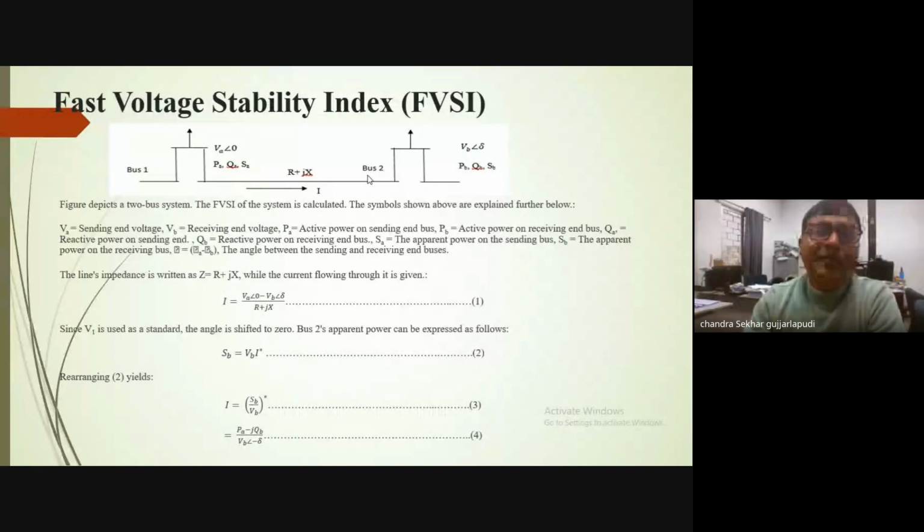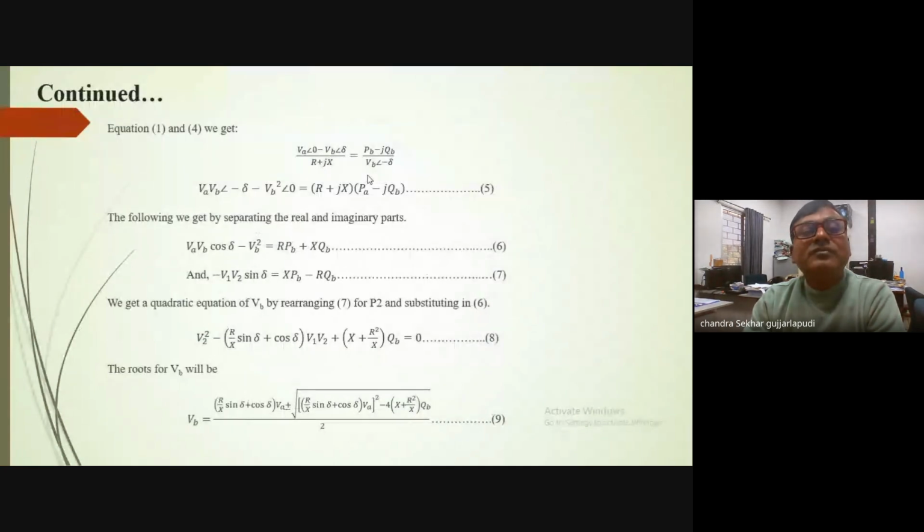Please note that there is a printing mistake here. It should be PB minus jQB, not PA minus jQB. So in equation 4, it should be (PB minus jQB) divided by VB at an angle minus delta. Now we have two current expressions. If we equate the two, from equations 1 and 4, we get some equations.